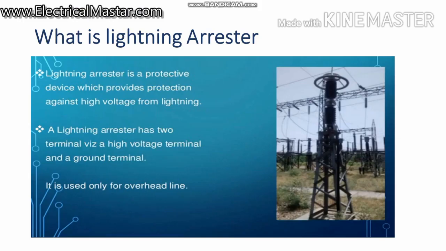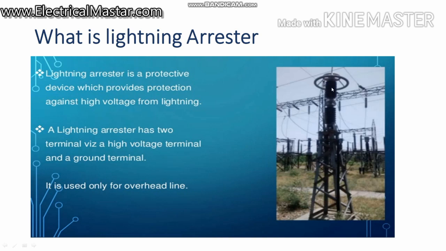The first one is the lightning arrestor. It is used to protect our electrical devices from the high voltage of lightning. As the name itself clearly says, it is used for preventing the lightning high voltage from entering our electrical circuit. See this picture: this is the lightning, this is the transformer.